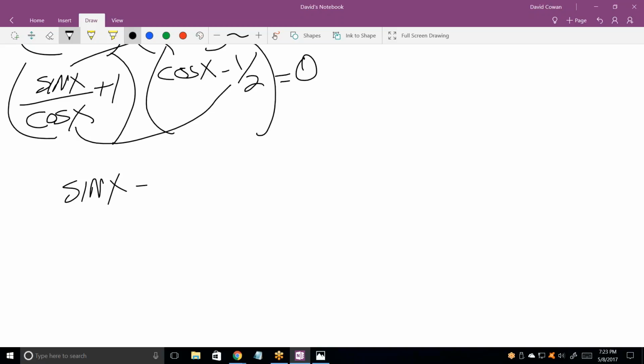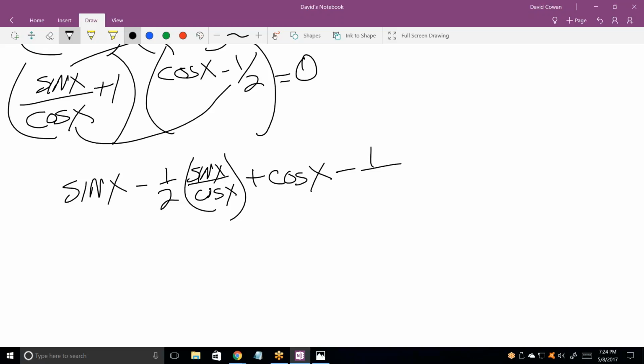Well, that becomes minus 1/2 sine x over cosine x. What's the next term? Then you have cosine x times plus 1, so plus cosine x. And what's the last term? Negative 1 times negative 1/2, which is negative 1/2. So that's what we have.